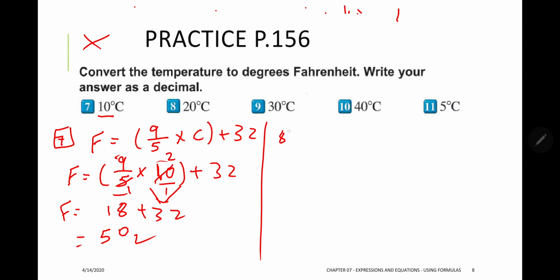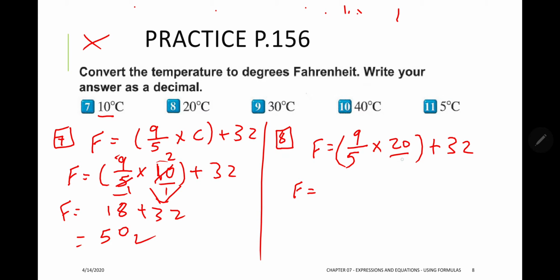Number 8, we have 20. Again, in place of C put 20. So F is equal to 9 over 5 multiply 20, and then plus 32. The denominator of this 20 is 1, so you can do the common factor between those two. 5 divided by 5 is 1, 20 divided by 5 is 4.